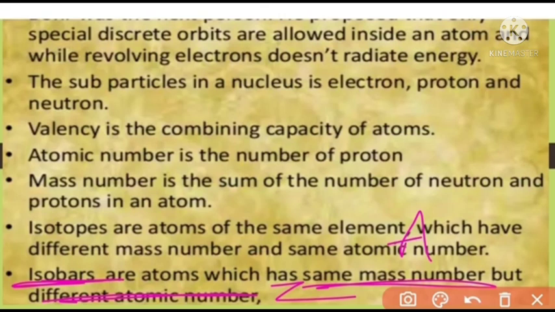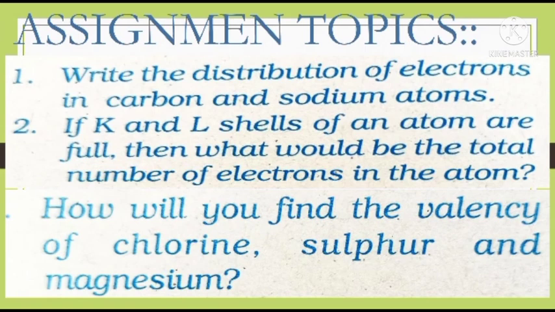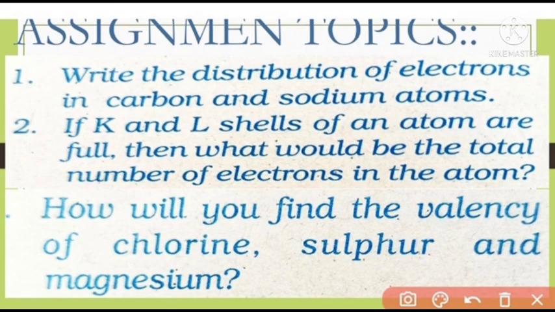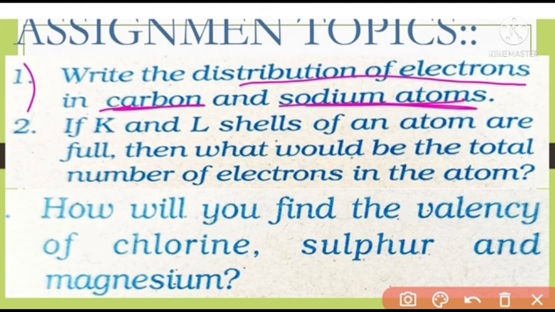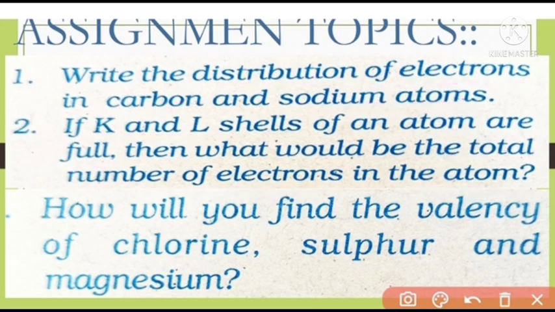Next we are discussing the assignment topic of this week. The first question: write the distribution of electrons in carbon and sodium atoms. The second question: if the K and L shells of an atom are filled, what would be the total number of electrons in the atom?